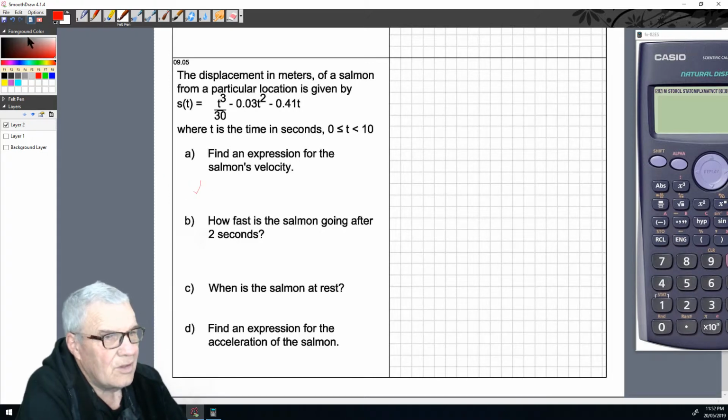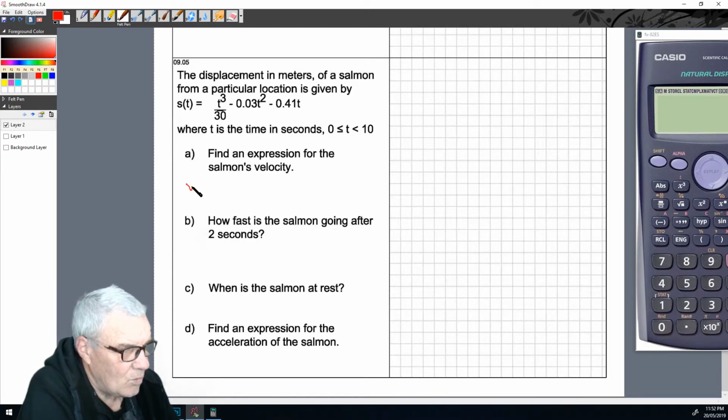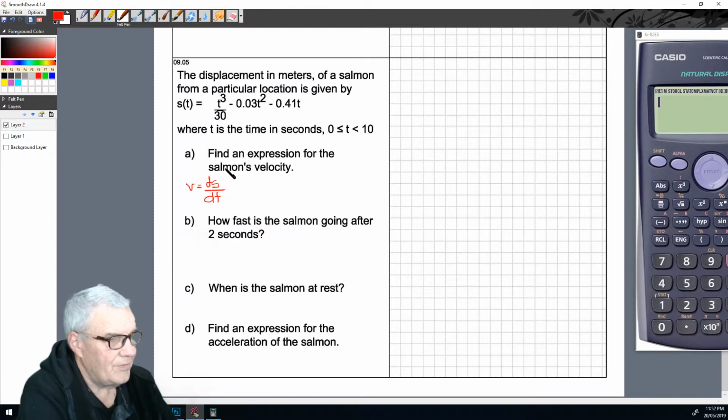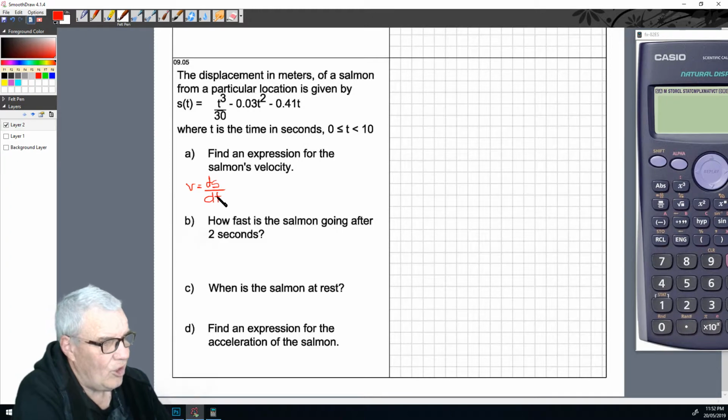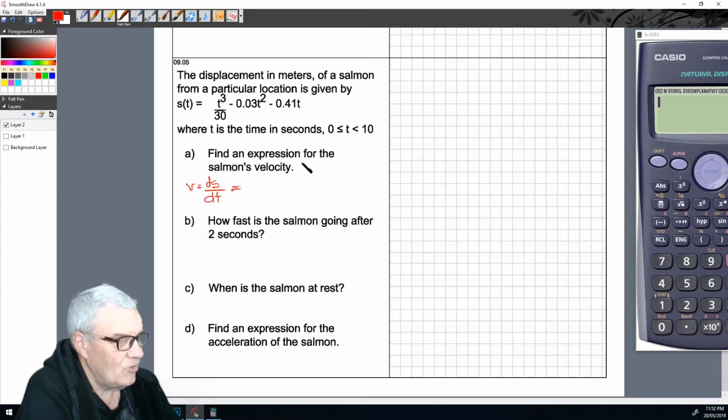Well, we know that velocity equals ds by dt, the increase in distance over time, measured in meters per second. So we need to just find an expression for that.